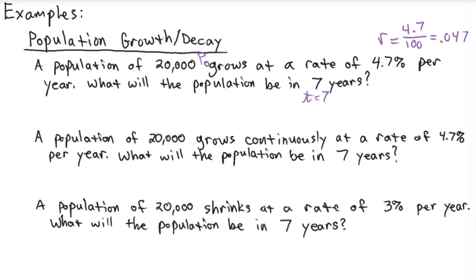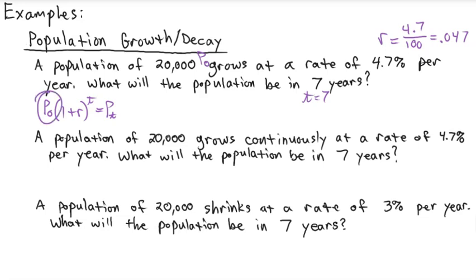Our discrete growth formula is P naught times (1 plus r) to the power of t, which is equal to P sub t. And we can reverse this and put P sub t on the other side too. It's the same formula, but we're going to leave it like this.